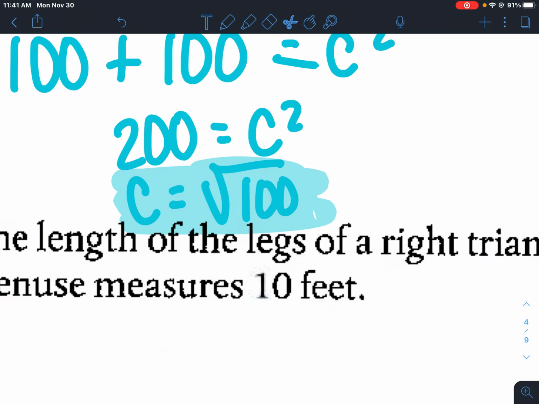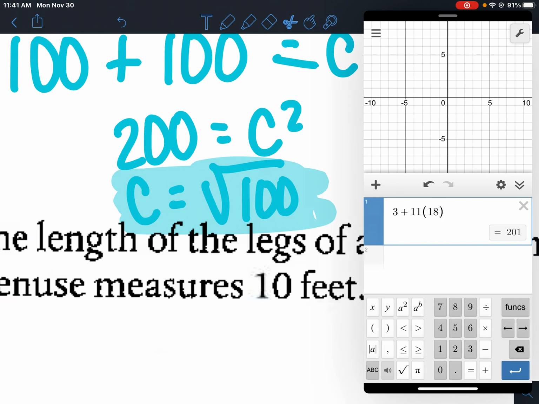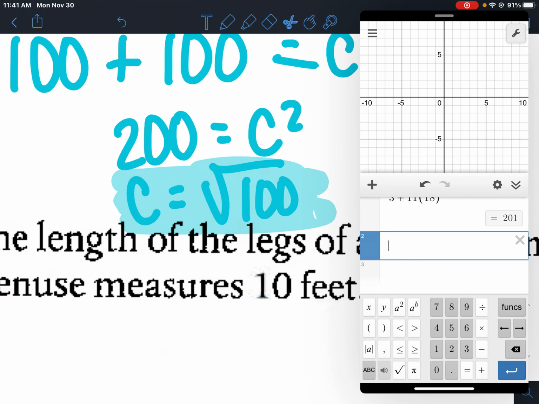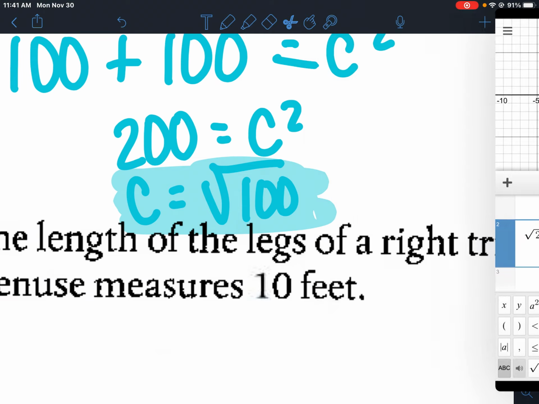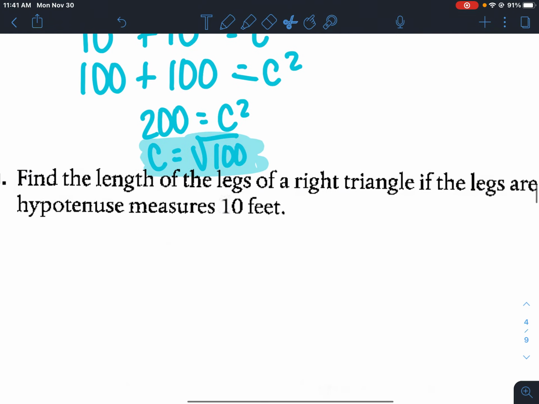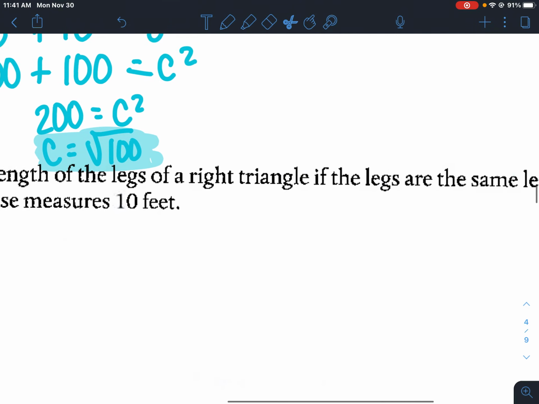I'm just going to leave it like that. I think that's fine. If you want to go a step further and actually square root it out, just go on Desmos, square root of 200. So your hypotenuse is going to be 14.14 feet long.